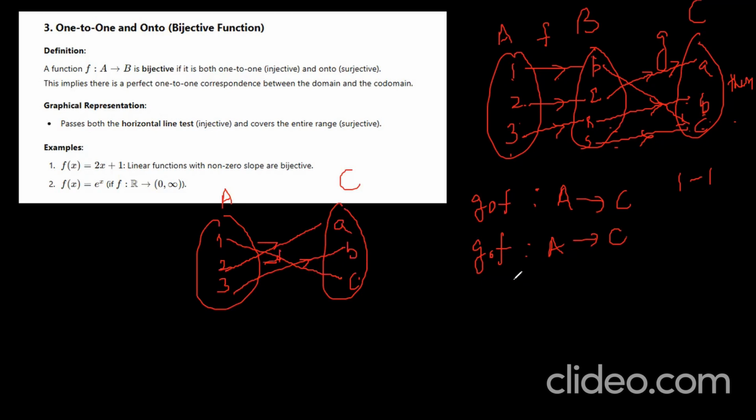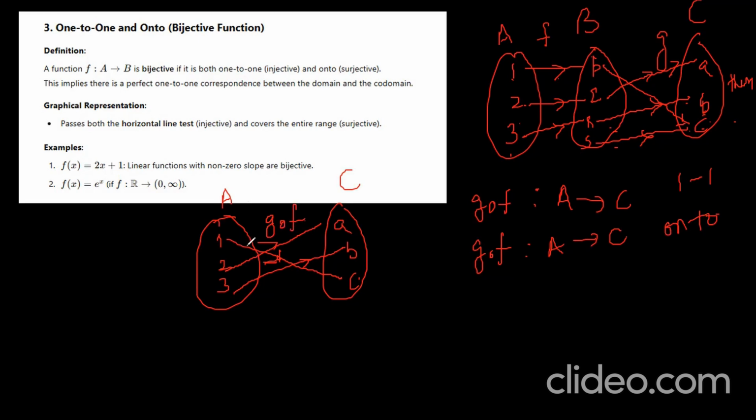You see, G circle F, A into C is onto. It is onto or not? G circle F is going to be onto.